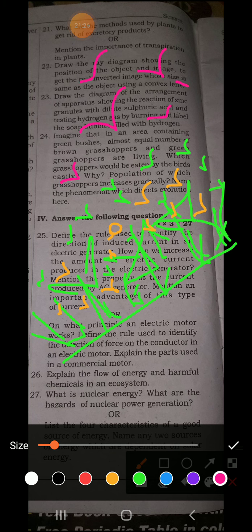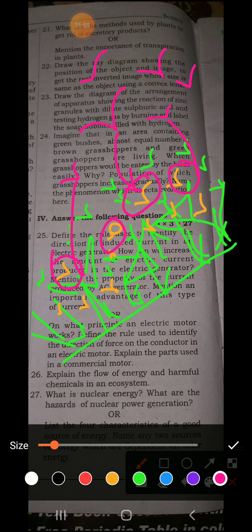Suppose the birds can easily identify the brown grasshoppers, because they appear easily, right? So they will eat all the brown grasshoppers, because the green grasshoppers get hidden in the green bushes.